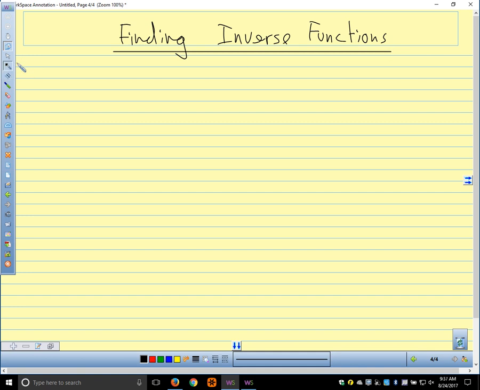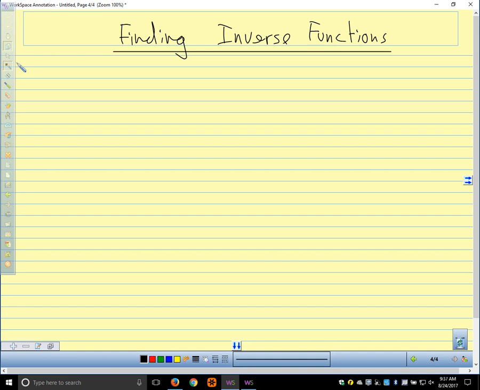Some functions it's hard to find their inverse. Sometimes you find a function and it takes a while and you say, oh, wait a minute, this function is the inverse of this other function. It's a complicated function. For what we're doing, we'll have an easy way to find inverses.